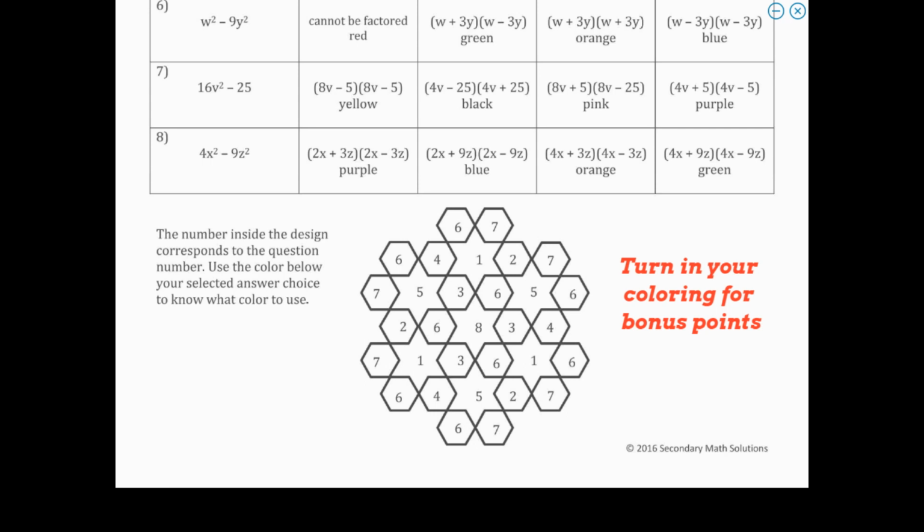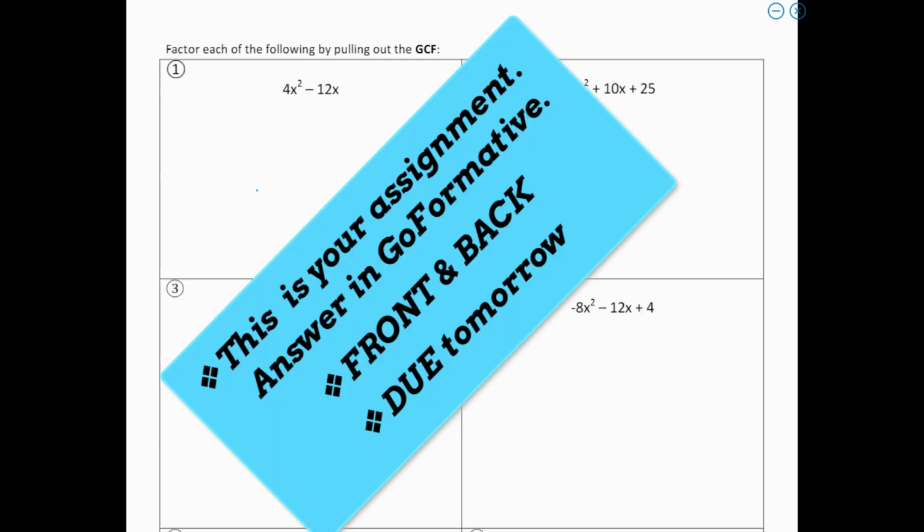You do not have to color the bottom, but if you do, you can turn it in for bonus points. And then on the back side are 6 greatest common factor problems to work out.